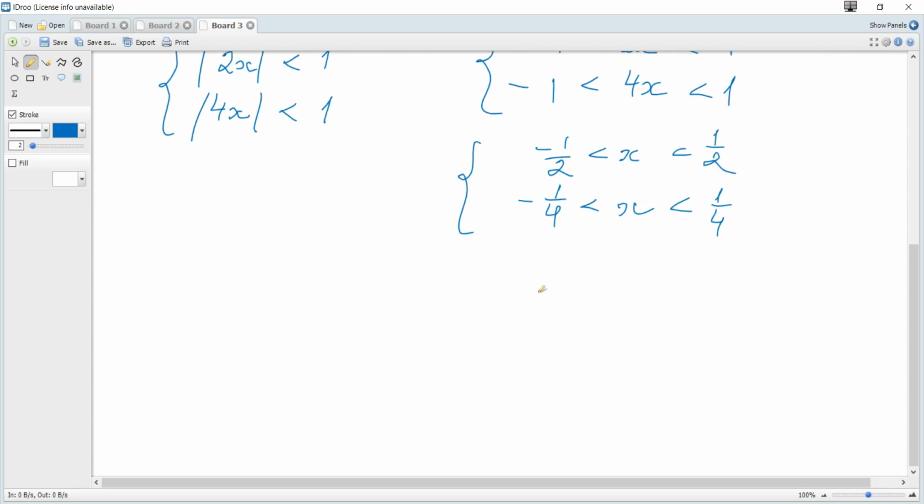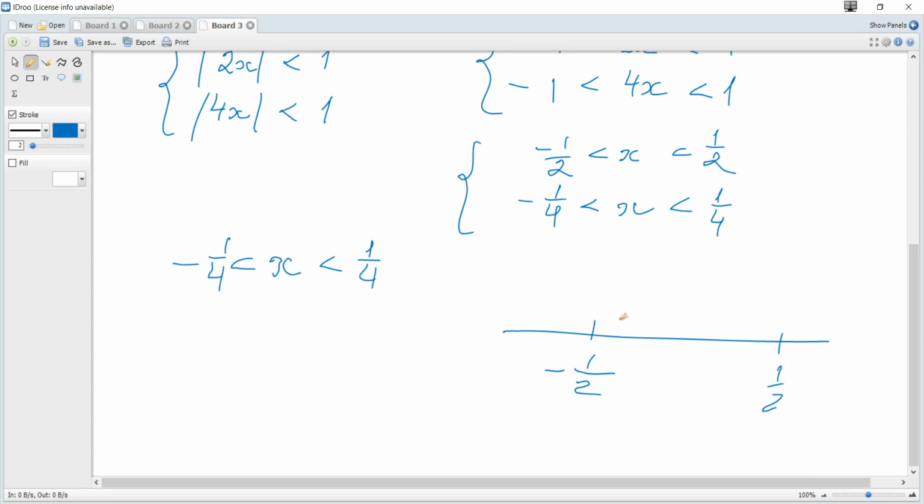The first solution is from negative 1 over 2 to 1 over 2, and the second solution is from negative 1 over 4 to 1 over 4, and the common solution is from negative 1 over 4 to 1 over 4. Or you may write the absolute value of x is less than 1 over 4.